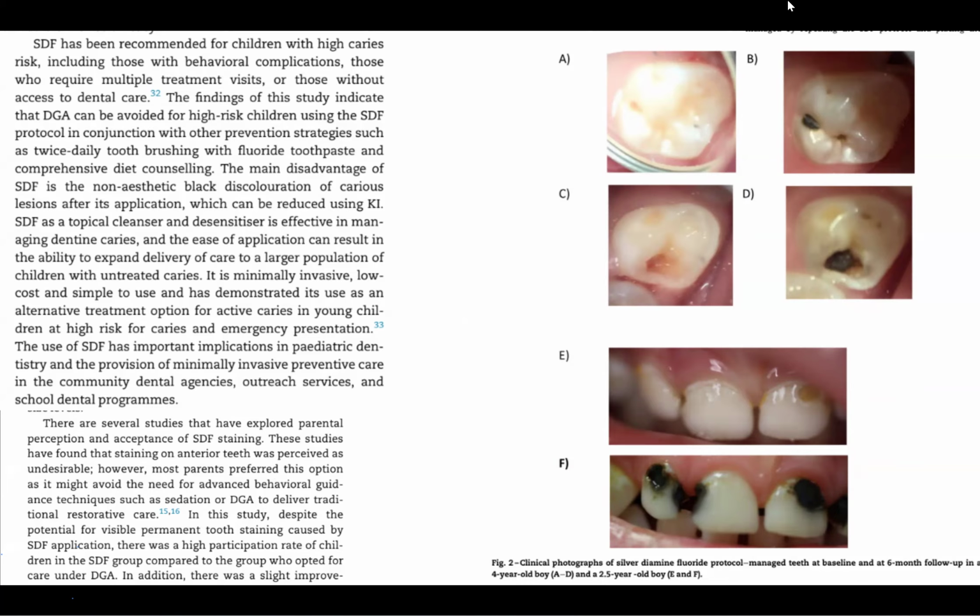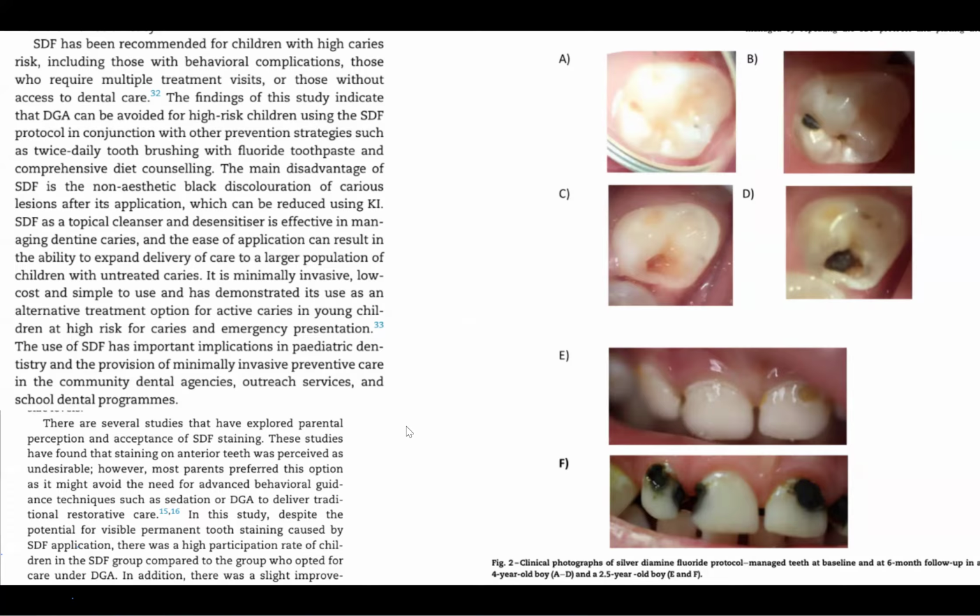All right. So these are a few clinical features on when you use it and the follow-up after a few months or a few weeks. So you absolutely have to do no drilling, nothing at all. You just apply it and the lesions may get darker, but at least the caries is getting reduced or stopped, arrested.